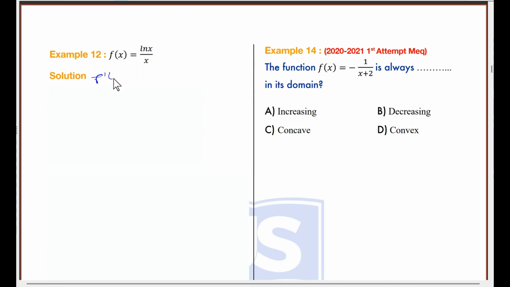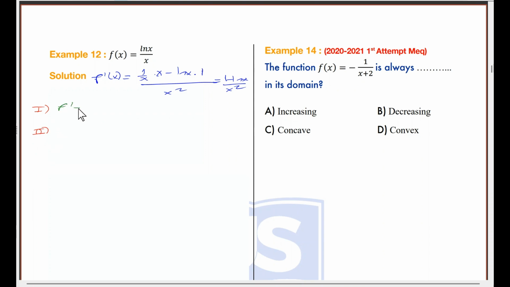Let's take the derivative, which gives me the derivative of top, 1 over x, times bottom, minus top times the derivative of bottom, over bottom squared, which is equal to 1 minus ln x over x squared. So we have two cases. Since that's rational, let's consider both.